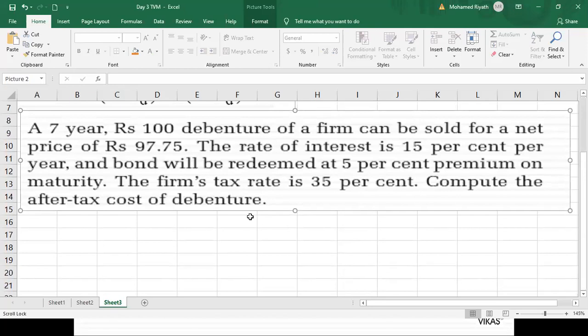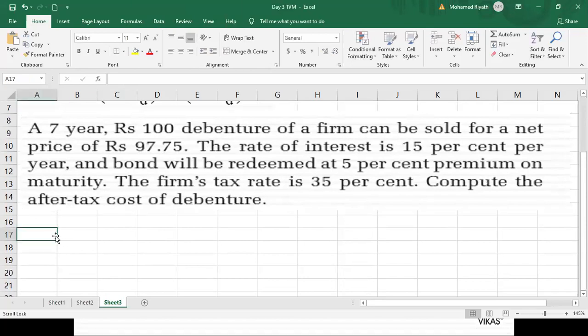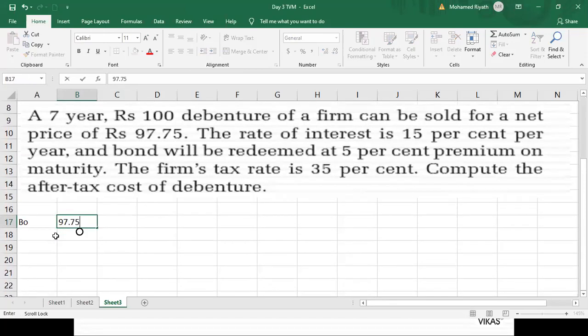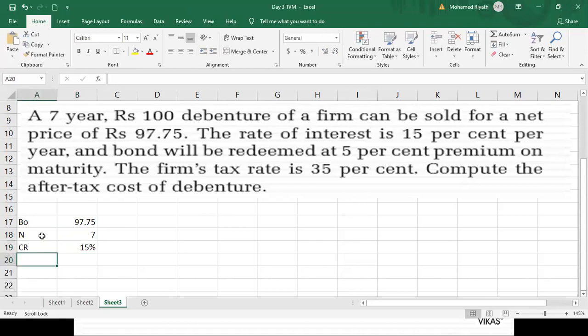A 7 year, 100% debenture of a firm can be sold at a net price of 97.75. So they have given us V naught. Price of the bond today is 97.75, and the number of years, 7 year bond, and coupon rate is 15%.